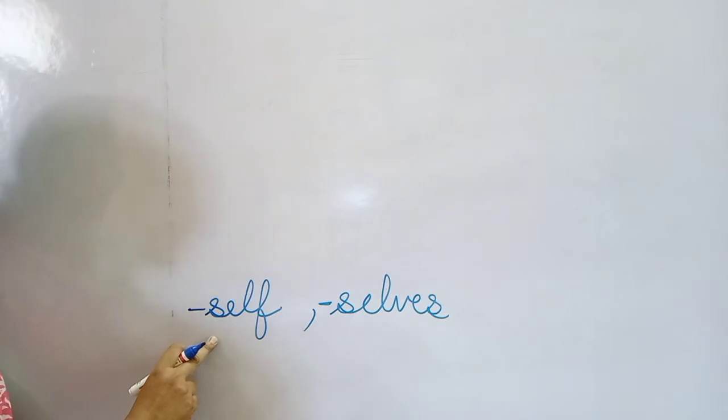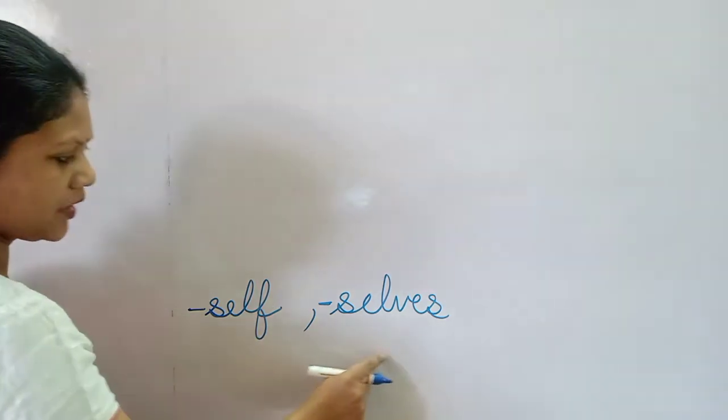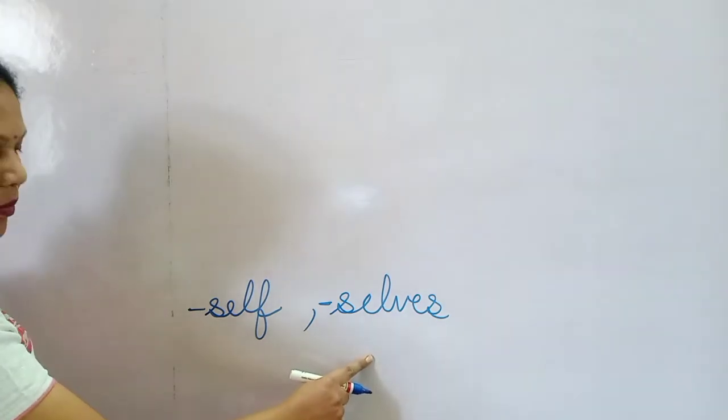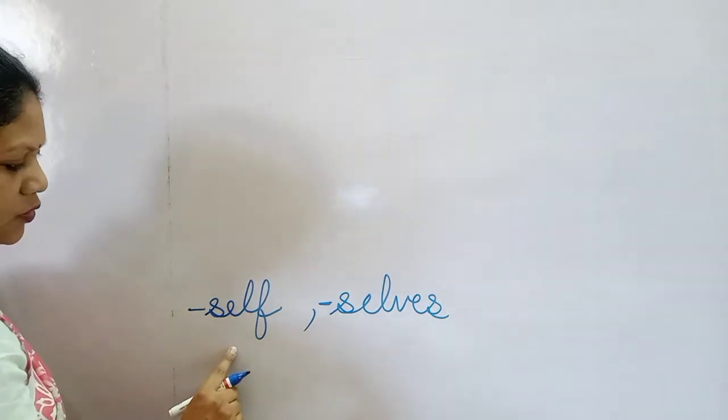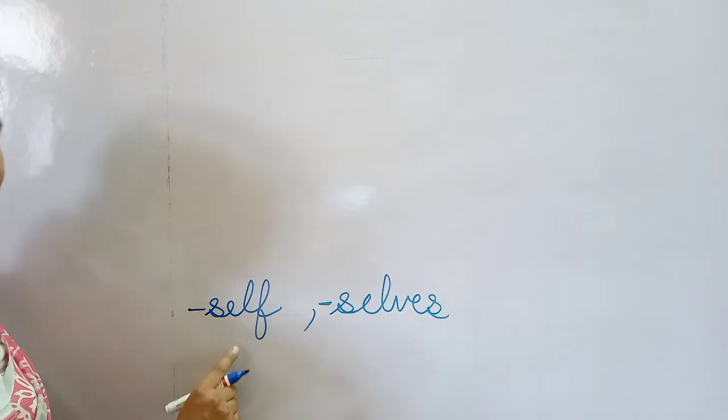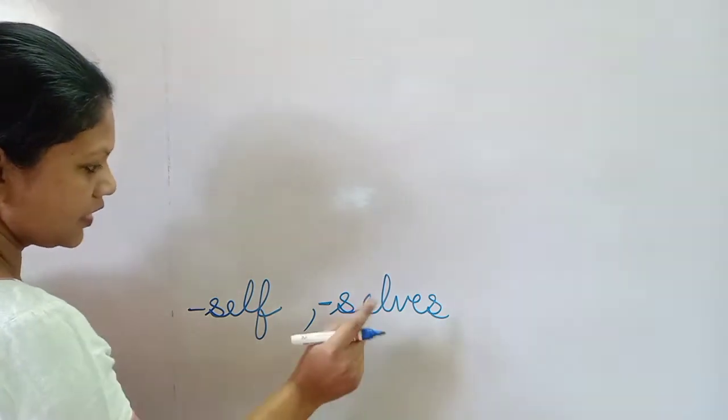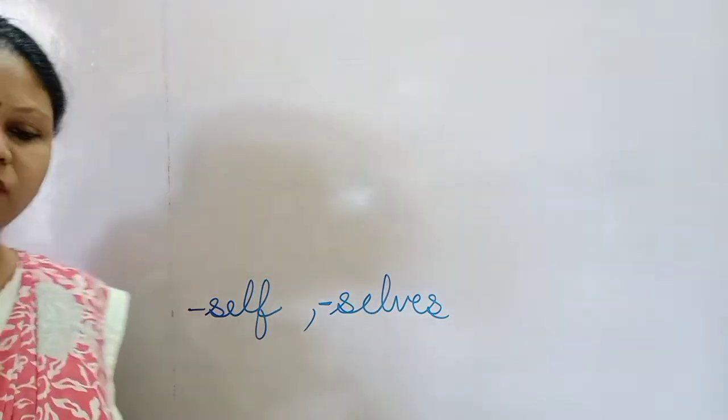Self will be added when you want to replace a noun that is singular, and selves is used in the plural case. So self is used for singular pronouns and selves for the plural ones. So dear students, let me discuss the examples given in your book.